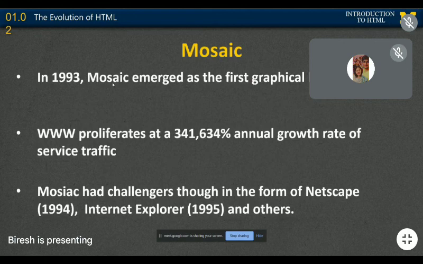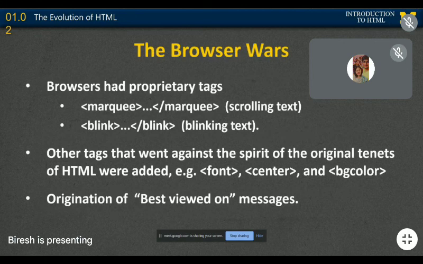The World Wide Web proliferates. Now browsers came out, of course, and then they introduced different HTML tags. Often in the beginning they used to have proprietary tags like marquee, blink.